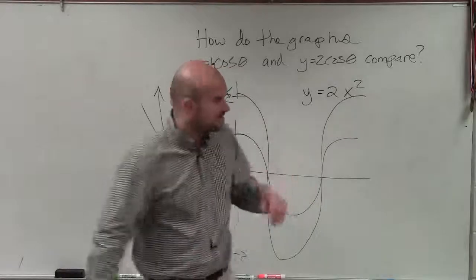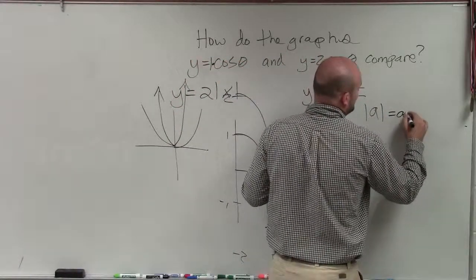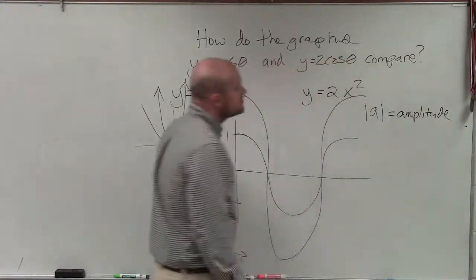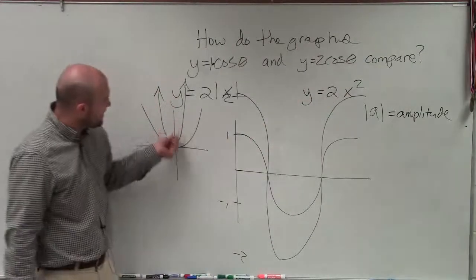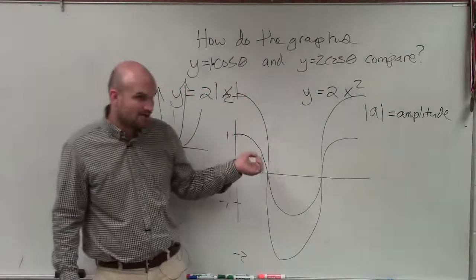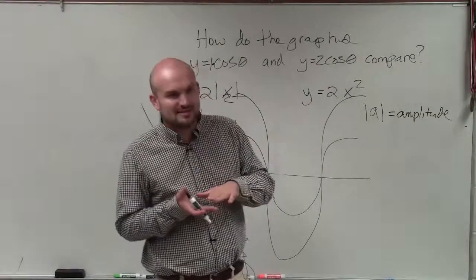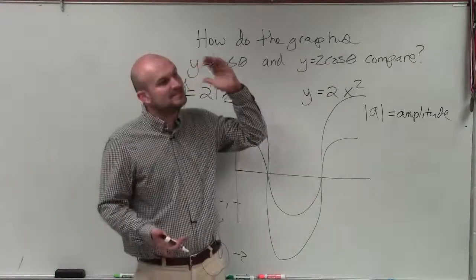So if you guys want to write this down, a little FYI, the absolute value of A is what we call the amplitude. All right? So by multiplying this by 2, it's going to have the same effect as it did on these other functions. And it's just going to affect the amplitude, which is the height, the max and the mins of the graph.